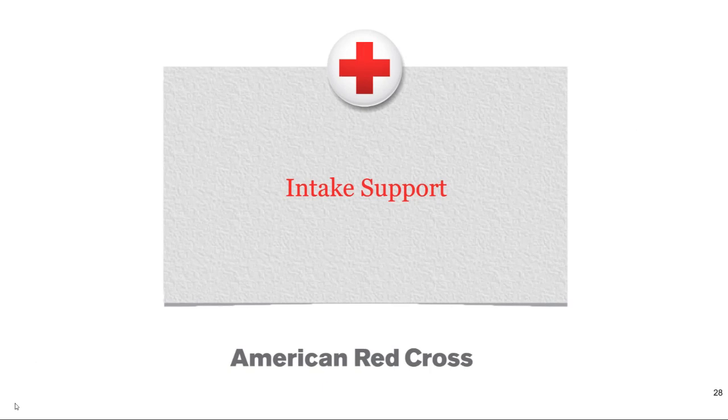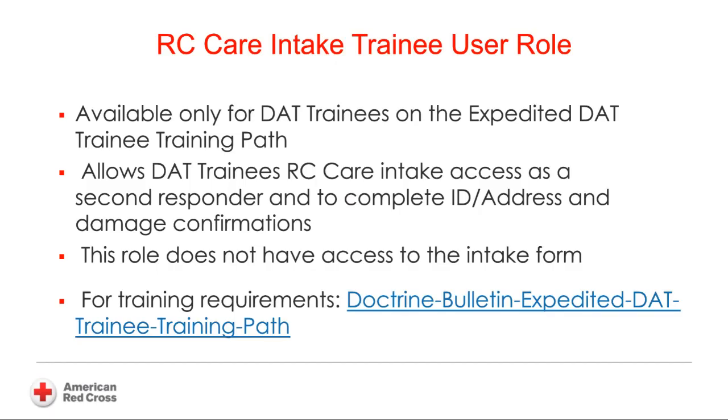So we wanted to take a few minutes to share some of what we call the support for doing intake, in no particular order. If we go to the next slide, one of the more recent things that has become available to the regions is the intake trainee, what we're actually calling the expedited DAT trainee training path.